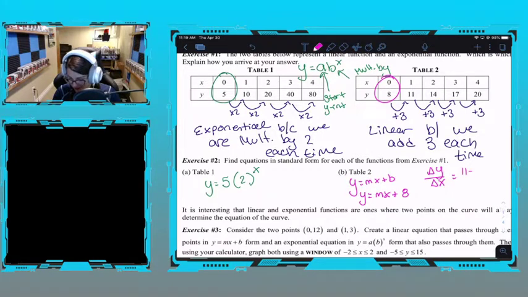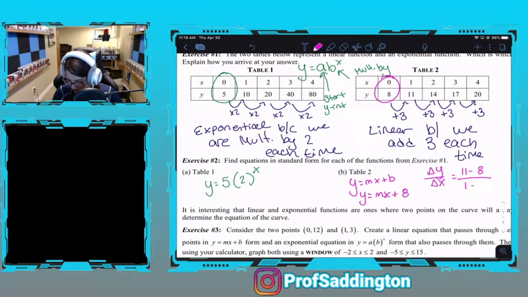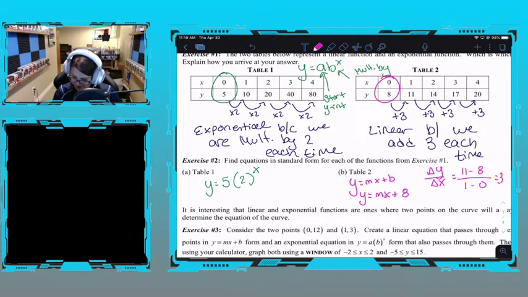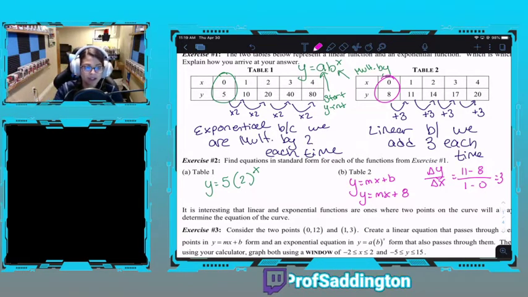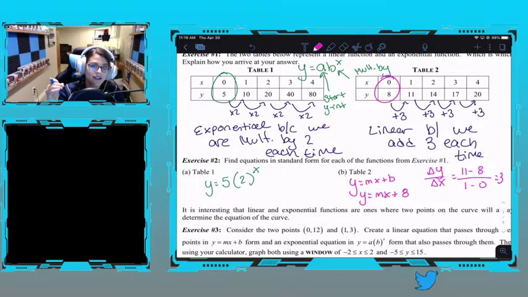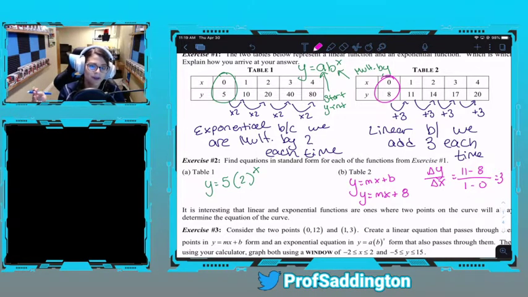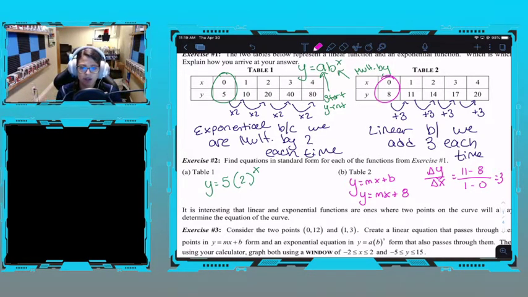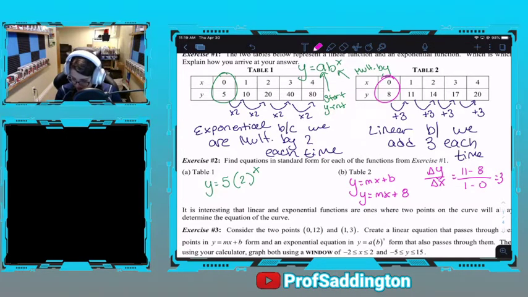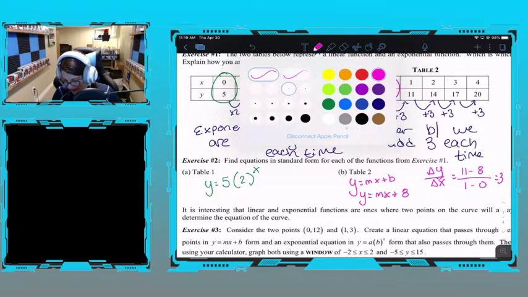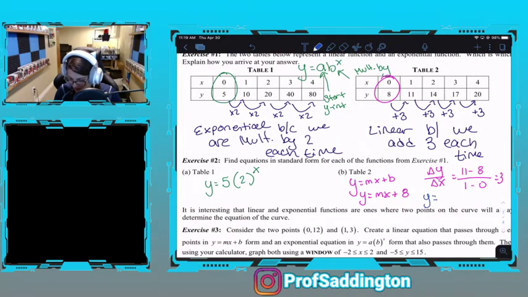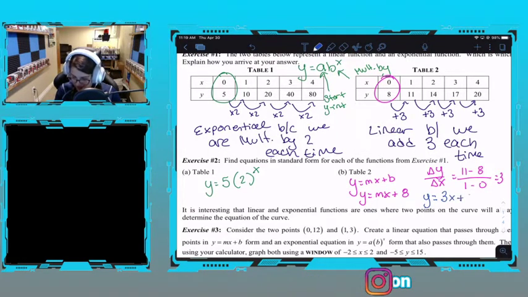So I could do like 11 minus 8 over 1 minus 0. So we get that value of 3, which we did see was that repeated addition each time. We can use that shortcut because our x's were going up by 1s. But if it's going up by like half or 2, then you want to use your change in y over change in x. Therefore, the equation for this is y equals 3x plus 8.